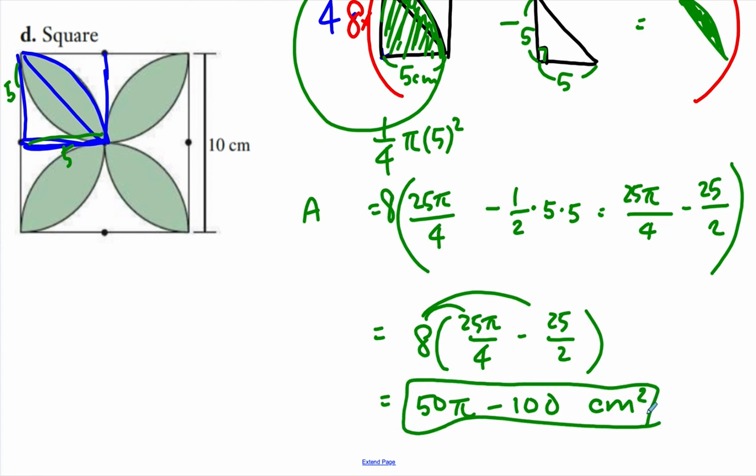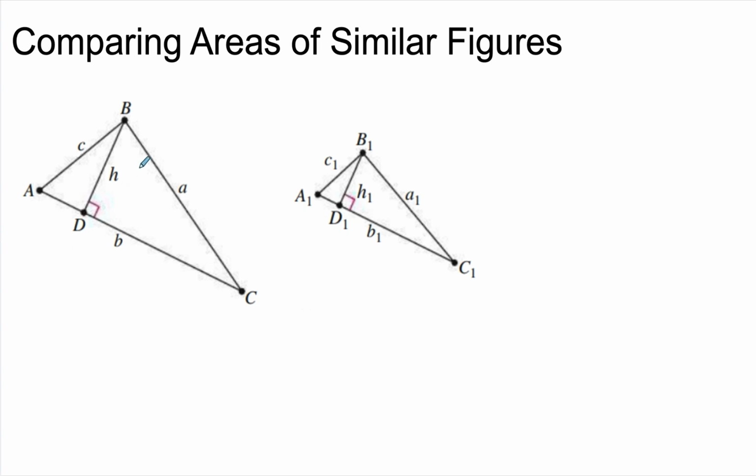Okay? And lastly, we're gonna do some proportion. We already have talked about that. But when you are given the similar figures, for example, these two triangles are similar because it's just blown up or shrunk without changing the angle. Only the lengths are changed, but the ratio is exactly the same. So B became B1 and C became C1, A became A1 and H became H1.